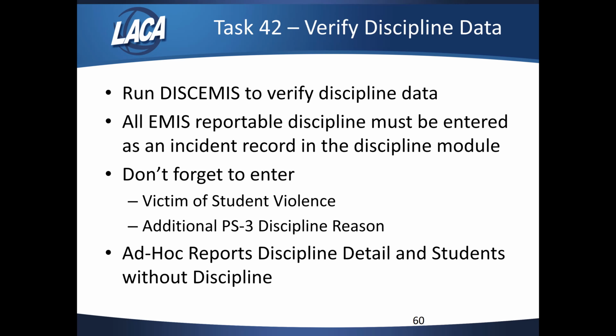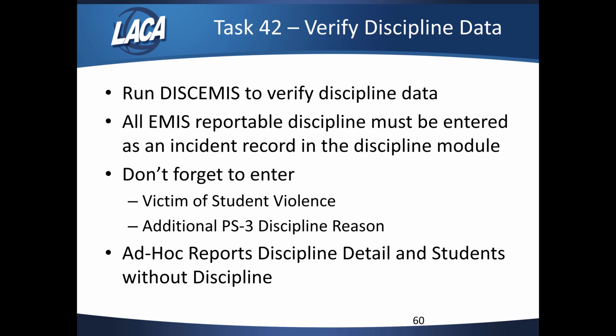Don't forget to enter victims of student violence. Yes, you have to have a student name if it is a student involved, but the name will not go to ODE. You select the category or the type of what the victim was.